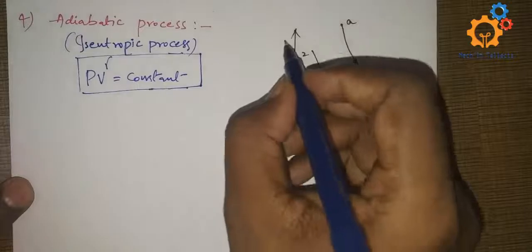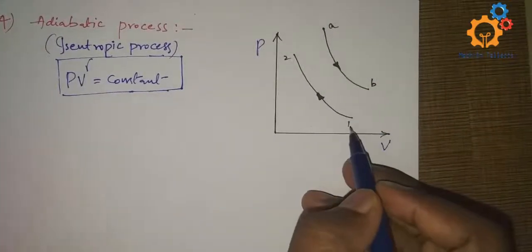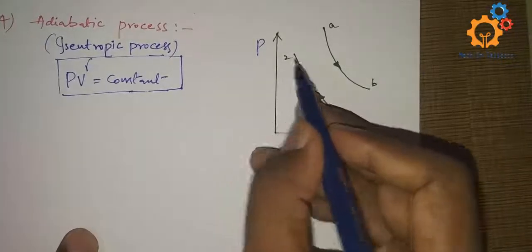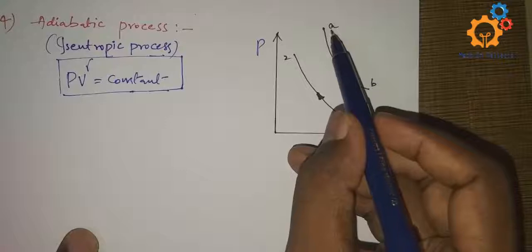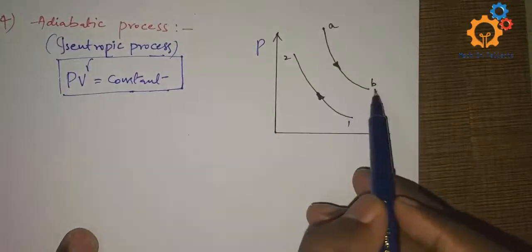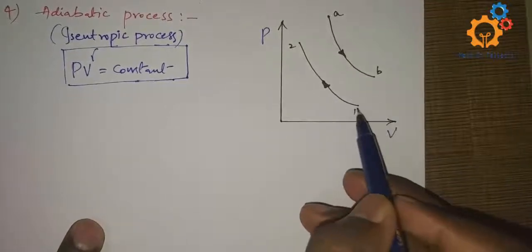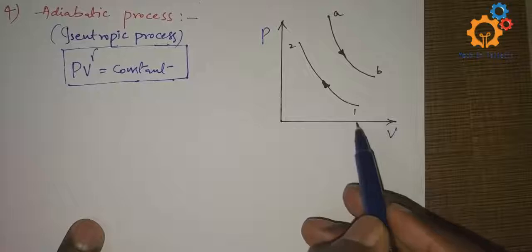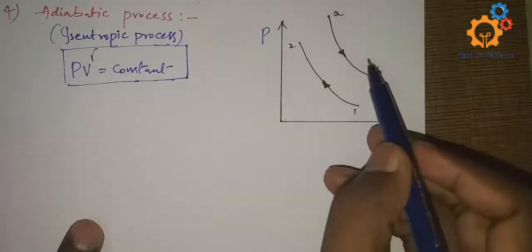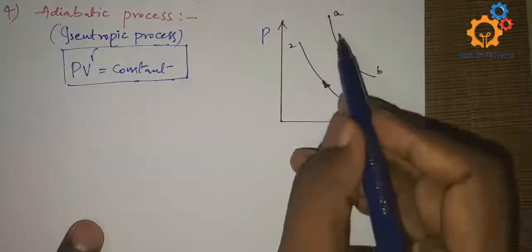In the PV diagram, let us understand the adiabatic process. The system is undergoing a process from state 1 to state 2, and in another case, the system is undergoing the adiabatic process from state A to state B. Can you see the difference between these two processes? In the first case, the volume is decreasing and pressure is increasing, and in the second case, volume is increasing and pressure is decreasing.